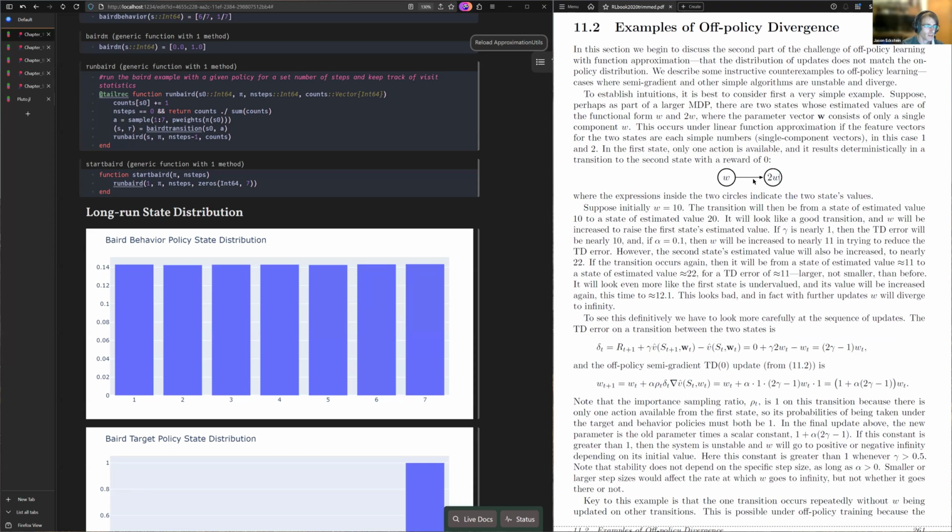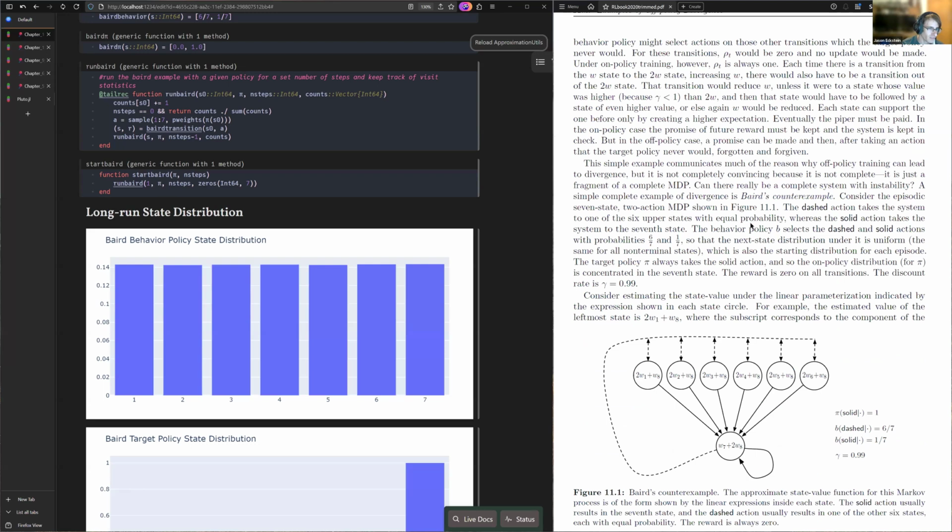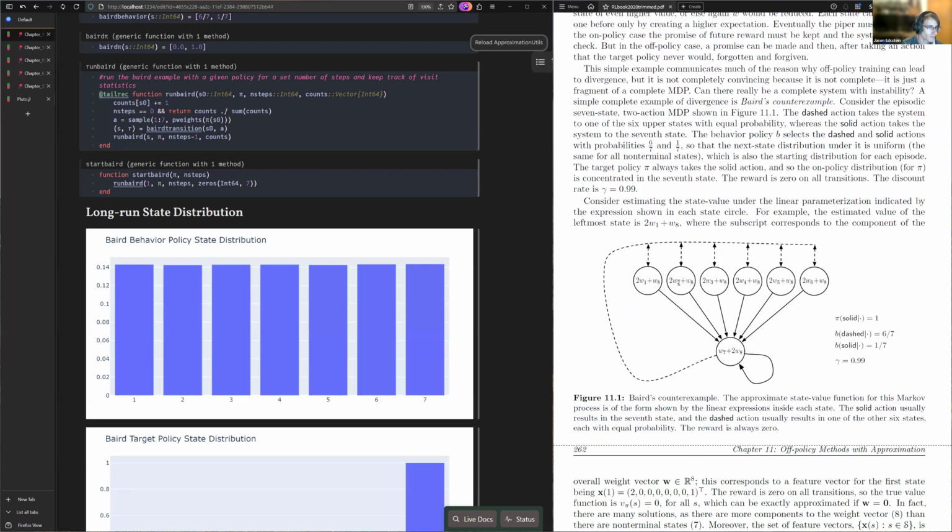So these are not independent values. The state values are linked somehow, but notice that there are 8 of these parameters here. So this is actually over-parameterized. Even though the values are linked, there is an infinite number of solutions that produce the correct values here.